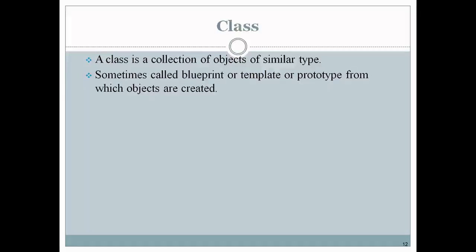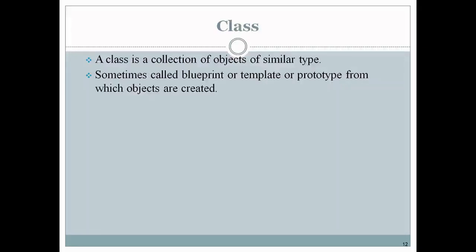For example, if you want to construct a building, first you will prepare a blueprint for construction or a plan for building. So based on this plan, a building is constructed.